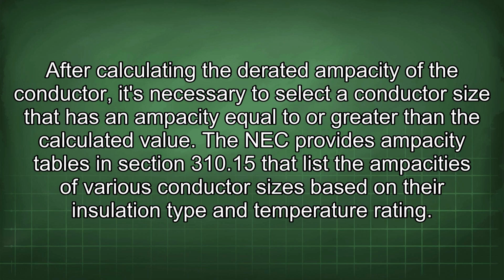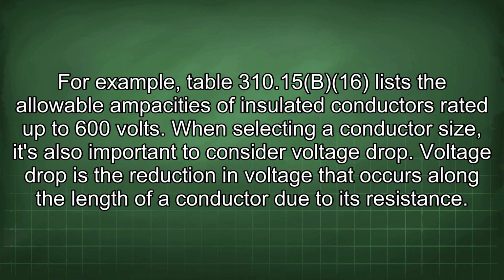The NEC provides ampacity tables in section 310.15 that list the ampacities of various conductor sizes based on their insulation type and temperature rating. For example, Table 310.15(B)(16) lists the allowable ampacities of insulated conductors rated up to 600 volts.